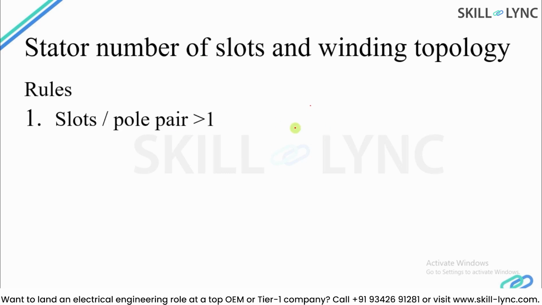Let's see those rules. The first is that the number of slots per pole pair should always be greater than 1. So per pole pair, whatever the number of slots, that should be greater than 1. And this ratio, the slots per pole pair, is always higher. So here you have more slots than pole pairs.